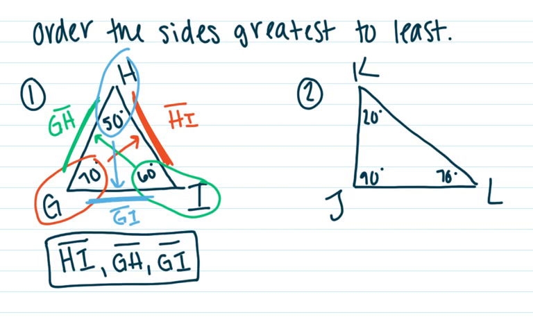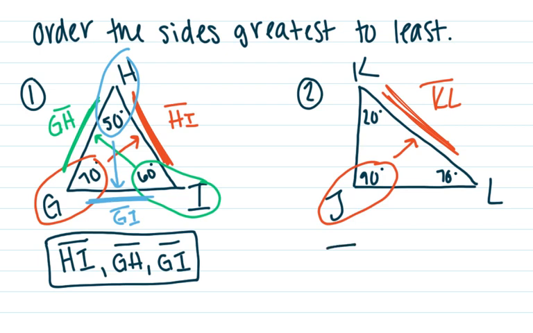So this is triangle JKL. Let's look for the biggest angle. I see the biggest angle is this 90-degree angle, angle J, whose corresponding side across from it is going to be side KL. So KL is the biggest side in this triangle.